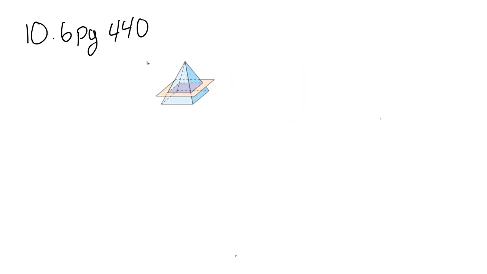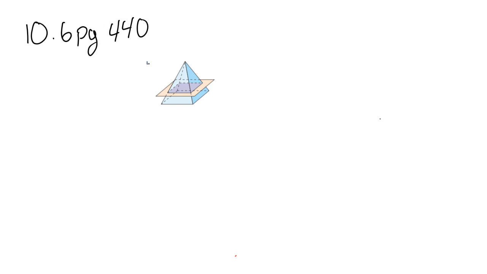Okay, so here's our first example, and I'm on page 440 if you want to follow along with me. We have a cross section, and all we're asked to do is describe the intersection of the cross section of this pyramid. We know we have a rectangular pyramid because the base is a rectangle.